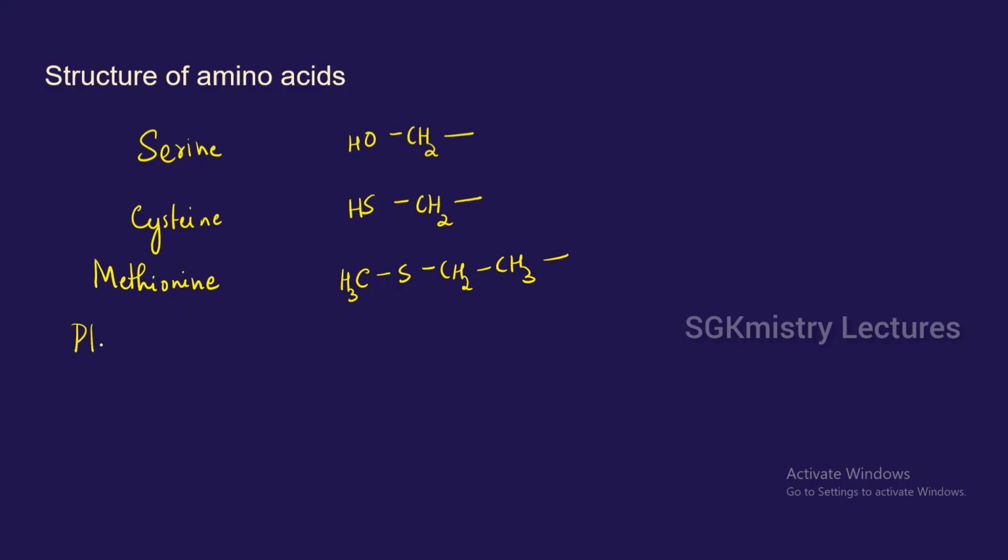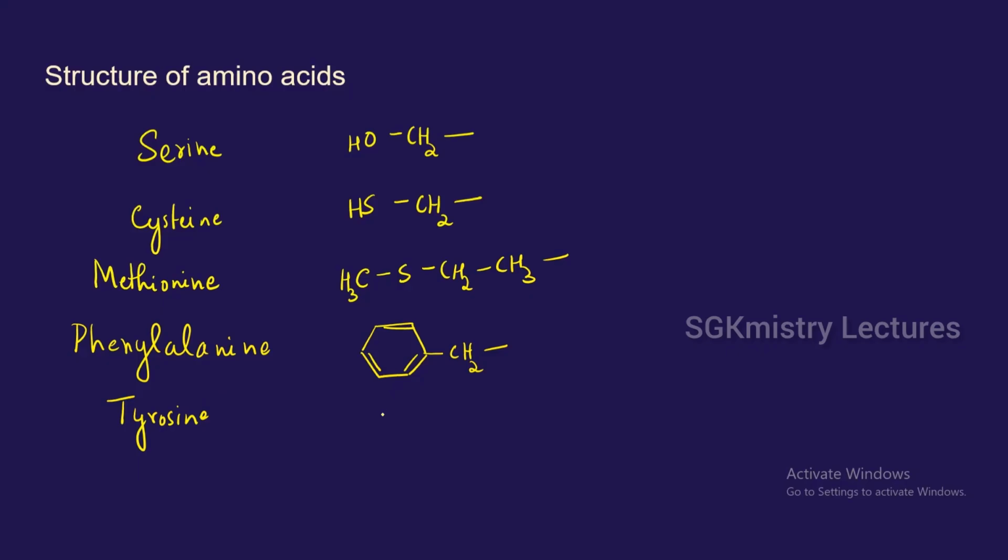Next is phenylalanine. So alanine, we knew it is a CH3 group. The R is the CH3 group. So for phenylalanine, we know that the R group will be the phenyl group with the methyl group, that is C6H5CH2. Right. Next, tyrosine.